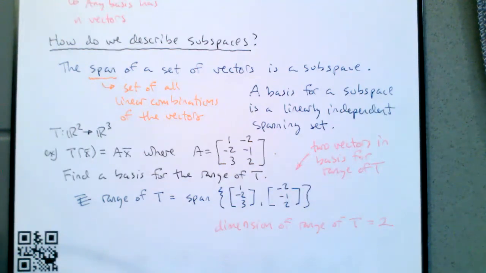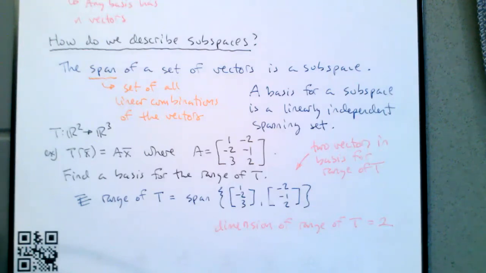So what we see is that T maps R2 to a two-dimensional subspace of R3. This should make sense because we start off in R2, we end up in R3, but since we only started with a two-dimensional space, we could only end up with a two-dimensional space.